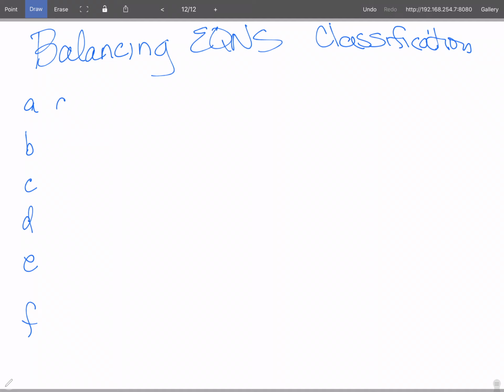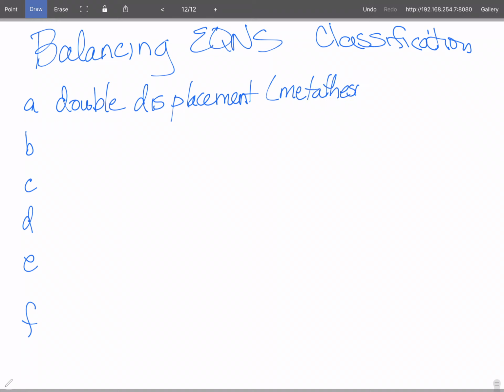A is a double displacement, which is also known as a metathesis reaction. And metathesis is the old terminology. And since I'm old, in case y'all didn't figure that out, back in the dark ages when I took chemistry, we didn't use double displacement, we used metathesis.